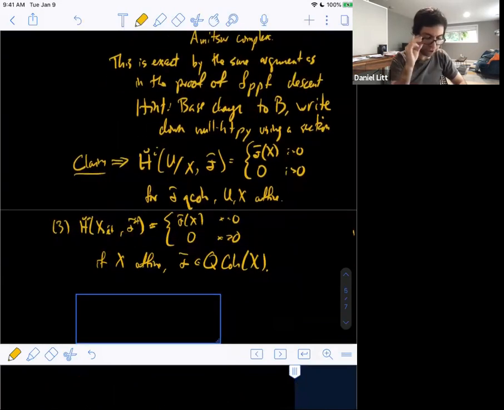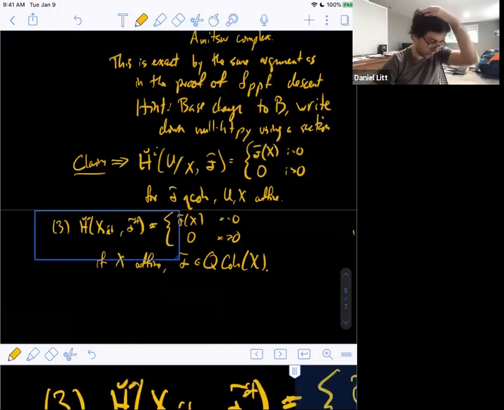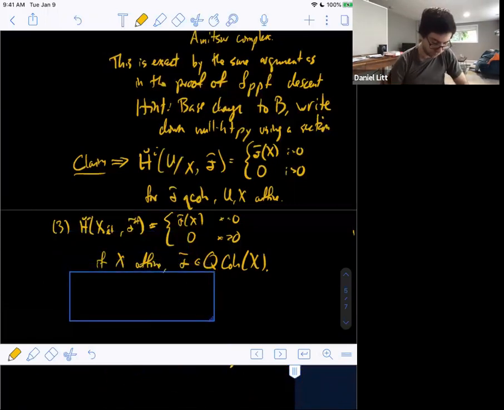Can anyone explain to me how to deduce this from the previous statement? We showed this not for arbitrary covers, but for affine covers, sorry, right? So how do we get the general statement? Remember, this is the direct limit over all covers, but I told you in step 1 that every cover can be refined to an affine cover.